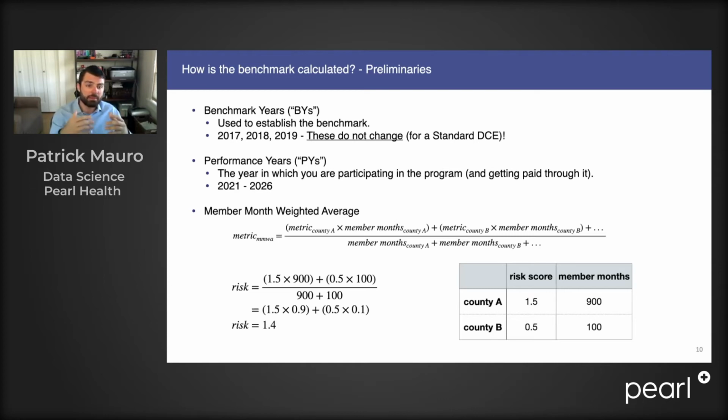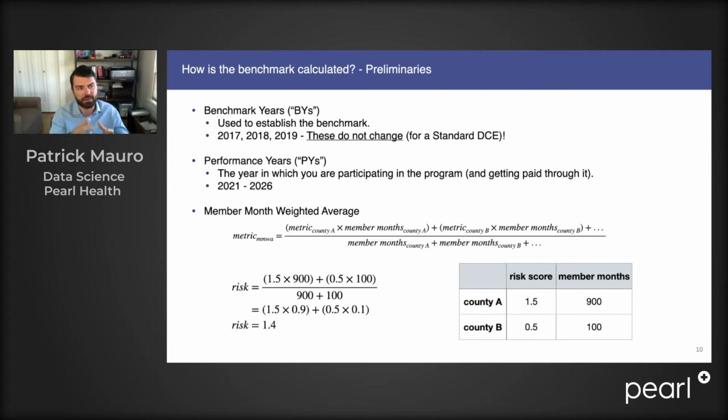And so the member month weighted average is used for a bunch of different metrics within this model. And it's just the weighted average of those metrics based on member months. So here, in this example, let's say that you have patients in 2 counties. In County A, the patients are a little sicker. They have a risk score of 1.5.